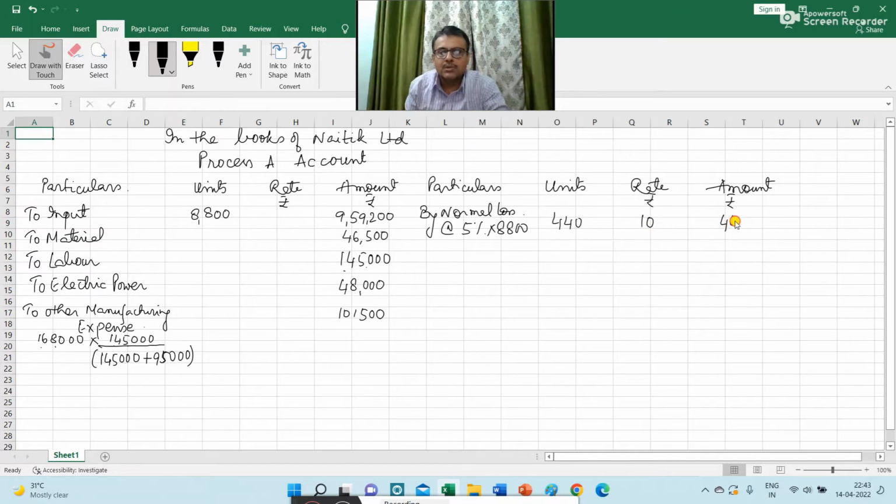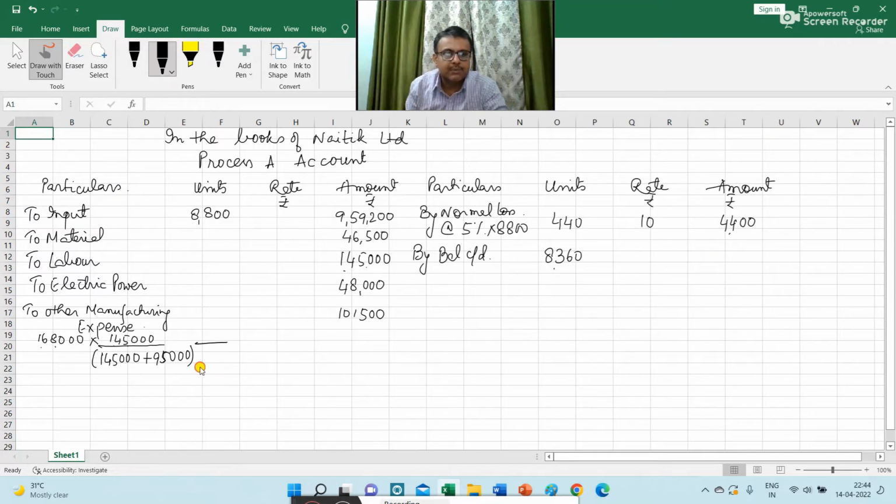So 4,400 is the value of this normal loss that will be sold for cash as scrap. So the balancing figure represents the number of units that could be transferred to process B account. So the balancing figure is 8,360 units, and the total value.